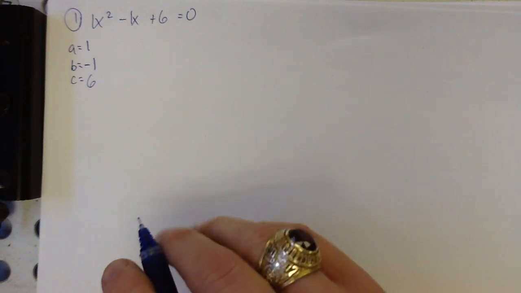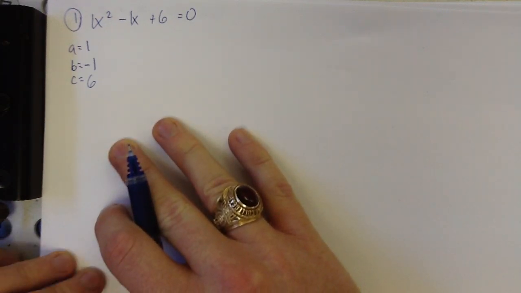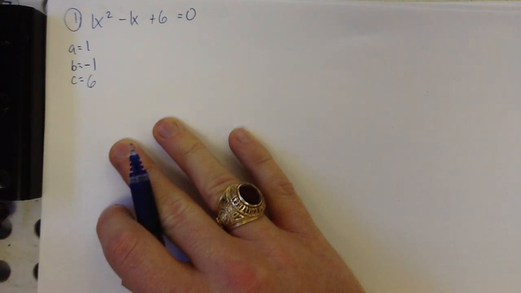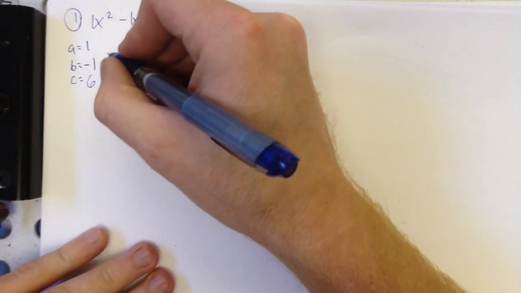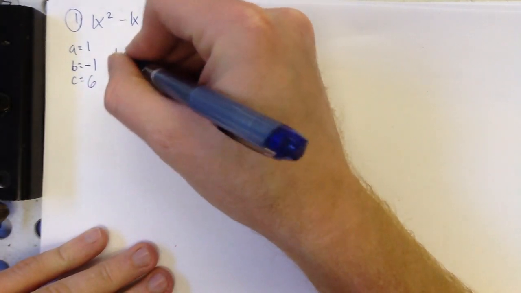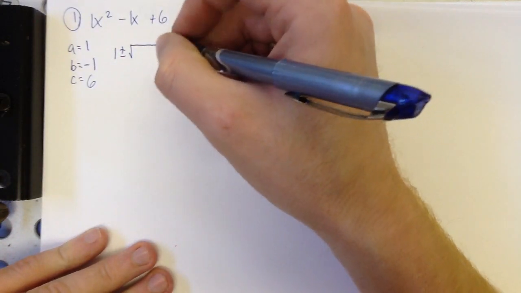All right. Now again, write the formula at the top of the page if you need to, the quadratic formula. That'll make it a lot easier for you to reference it, maybe instead of writing it each time. So negative b, in this case negative 1, is positive 1. A negative 1 makes it positive.